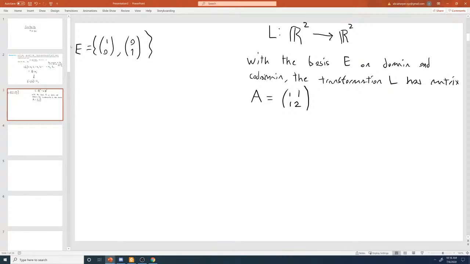Now, suppose F is another ordered basis. Say it's the ordered basis, maybe, how about (2, 3) and (3, 5). So here's the question.